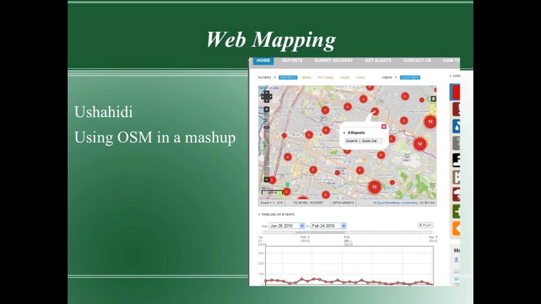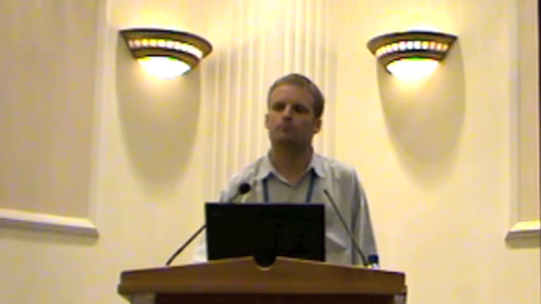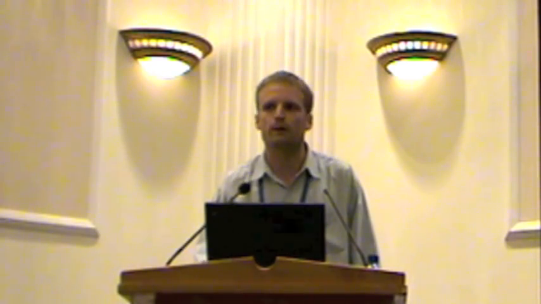It's a system for gathering together Twitter messages and text messages from people on the ground, figuring out what the situation is on the ground. They used OpenStreetMap, actually making the switch from Google Maps to OpenStreetMap shortly after the earthquake, when they realised that we had a better map.